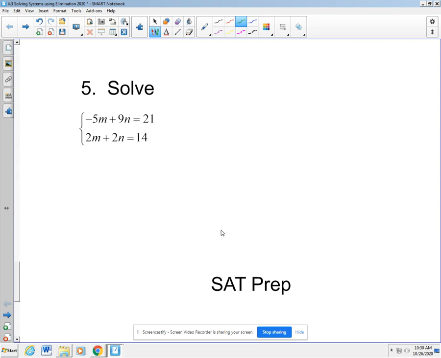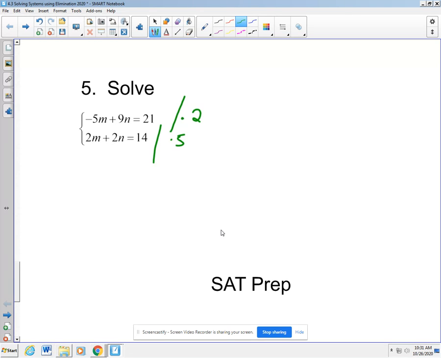So think about negative 5 and think about 2. Unfortunately, 2 is not a factor of negative 5. Also, 2 is not a factor of 9. So in this case, think about a common denominator. I will multiply the first equation by 2, and I will multiply the second equation by 5. Think if you understand why.